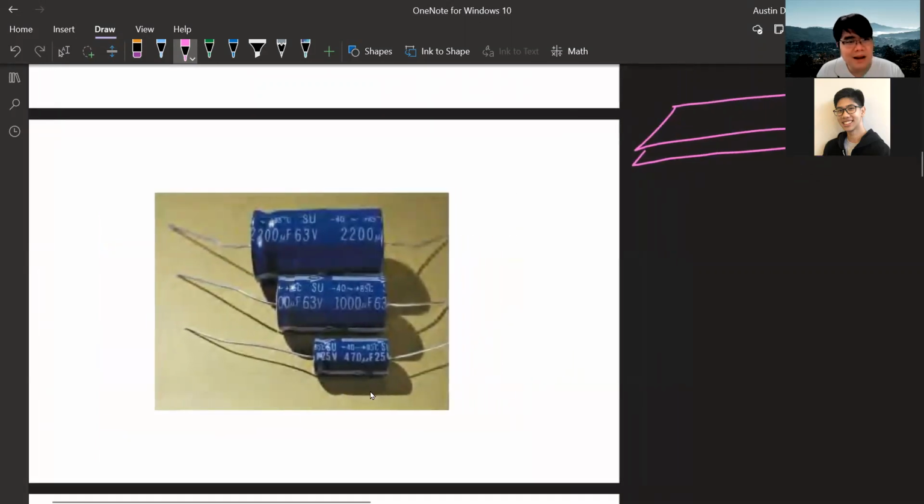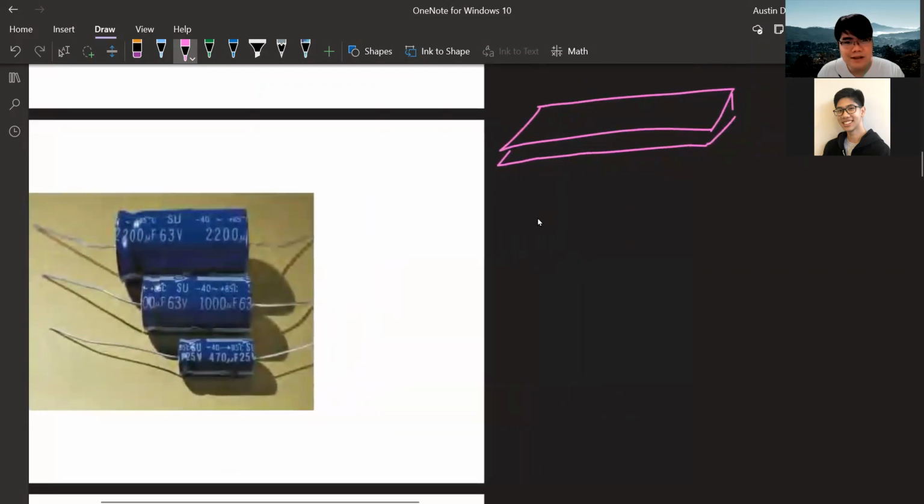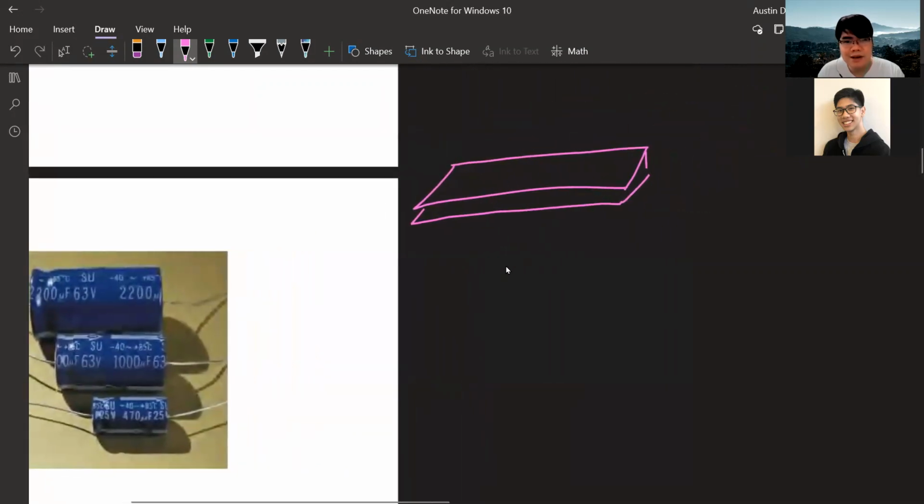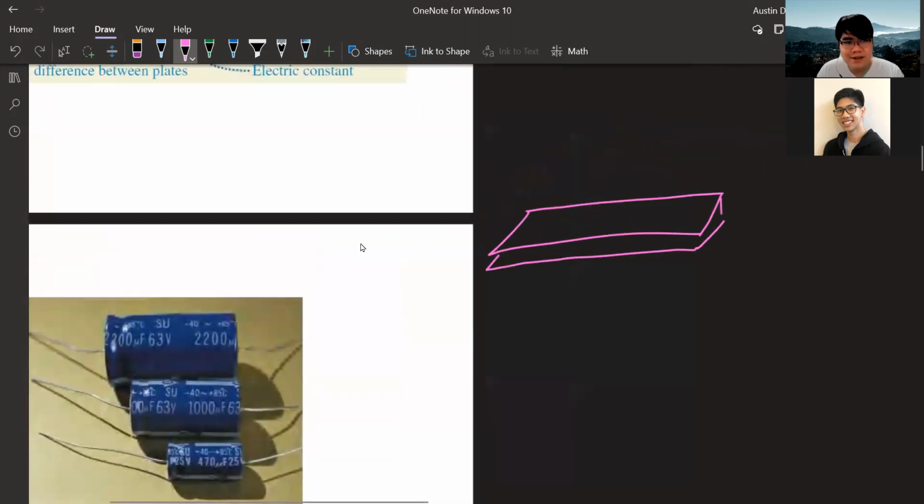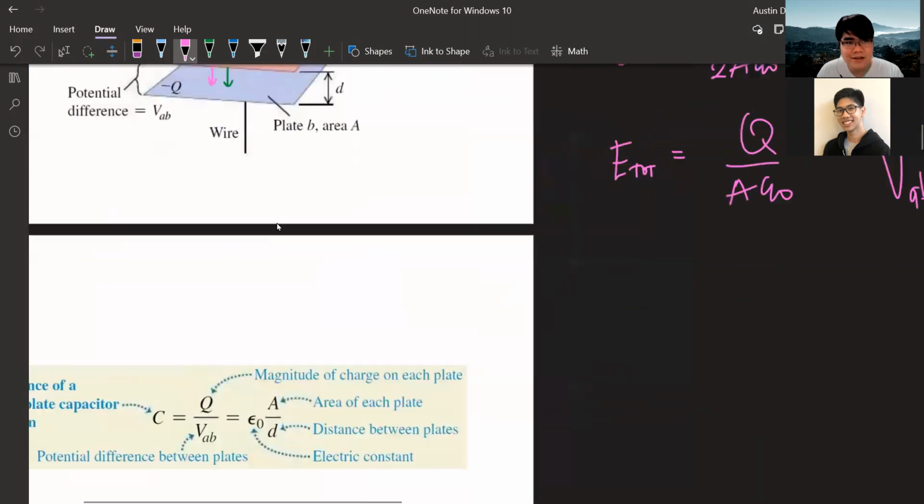They're also used in microphones. Basically, there is something called a flexible capacitor, meaning the distance between the plates can change.